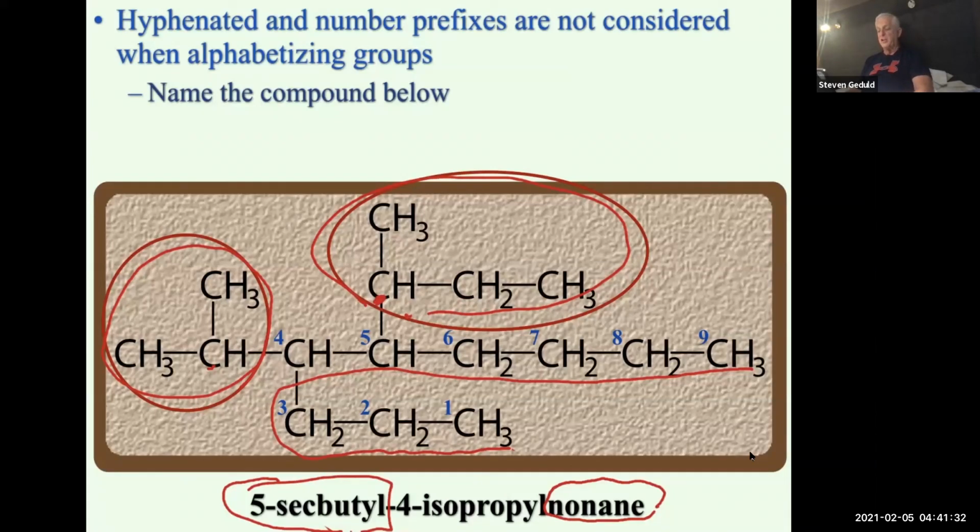And we did the isopropyl, isobutyl, sec-butyl. This is our sec-butyl group. There's 4 carbons and attached to the second one. And this is our isopropyl group at the number 4. So it's nonane, 9 carbons. And there's 5 sec.